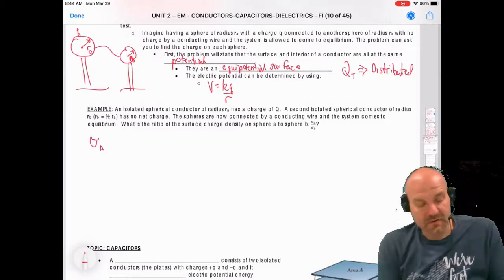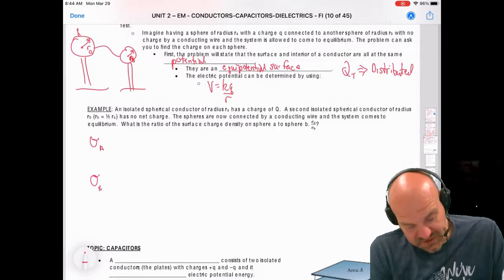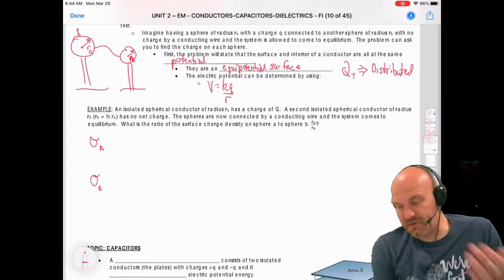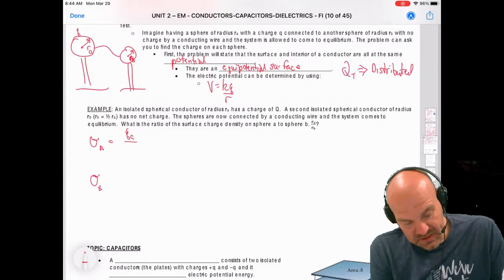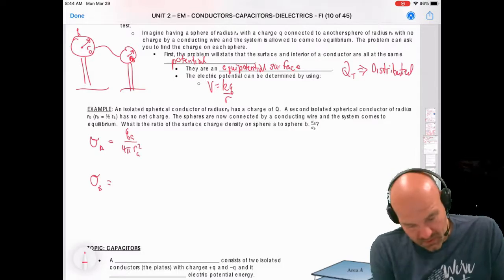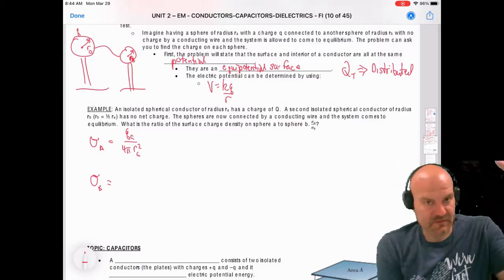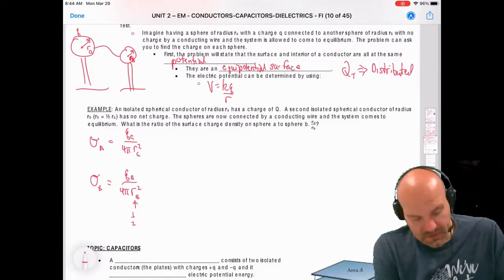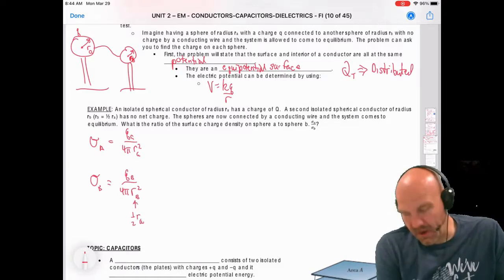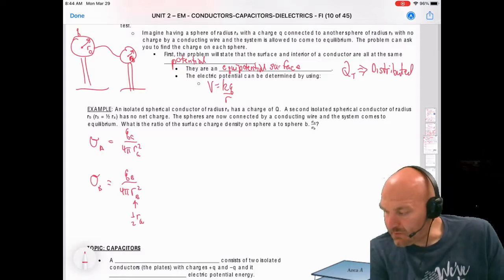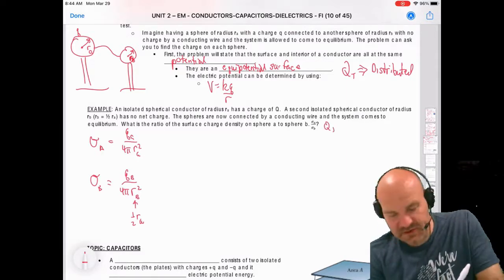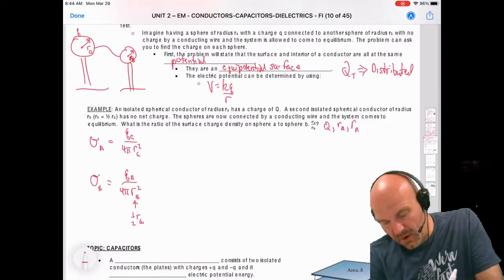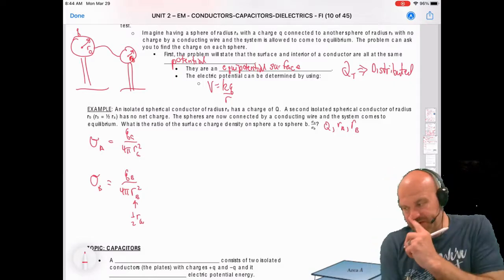I did forget to type something here: we want to answer in terms of Q, RA, and RB if necessary.